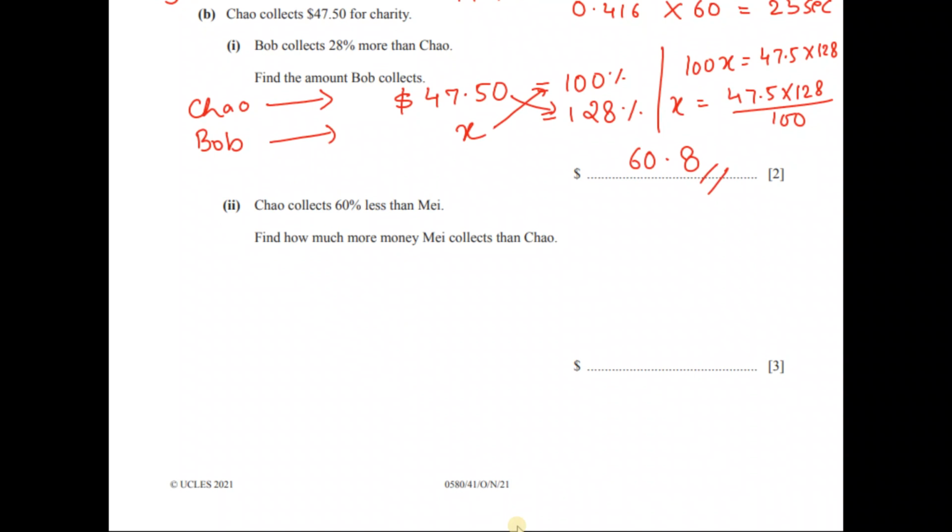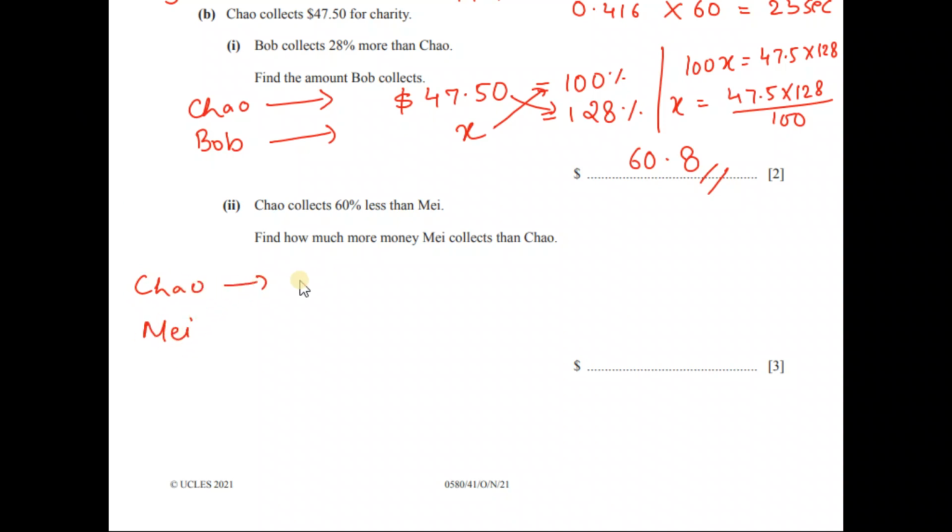Now, the next question is similar again. Chow collects 60% less than me. Because Chow is the base over here, Chow is the reference, I'll just keep Chow as 100% again. If Chow had collected 60% less than me, then me had collected 60% more than Chow.